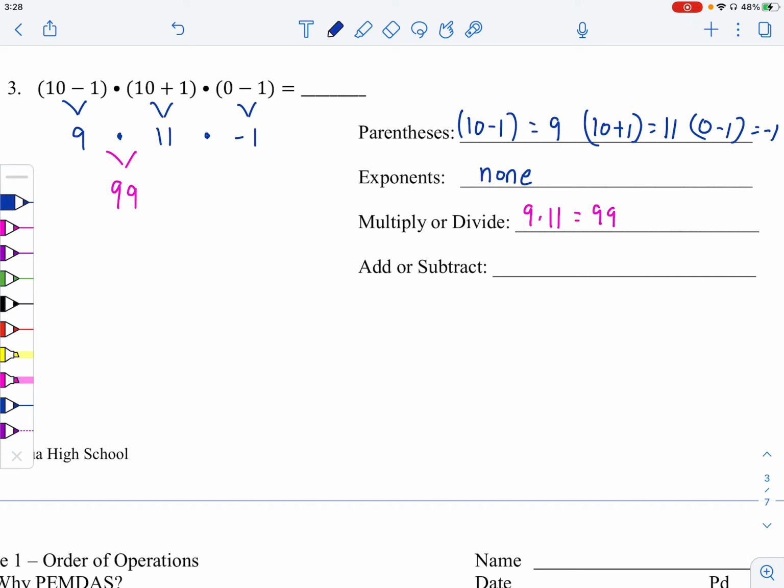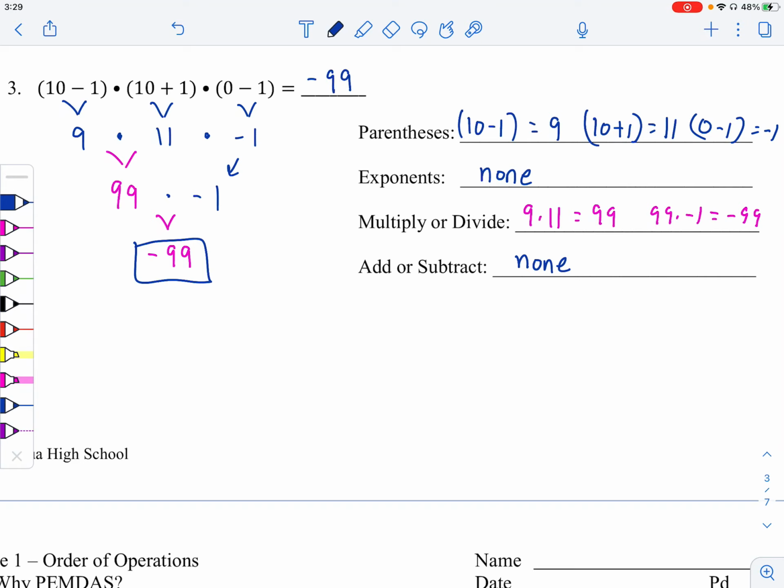And then we bring it down. We have times negative 1. Just comes down. And then 99 times negative 1 is negative 99. And then we're done. There's no addition, subtraction, so this is none. All right, so our answer is negative 99.